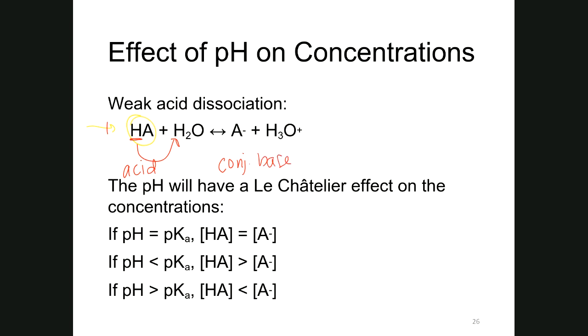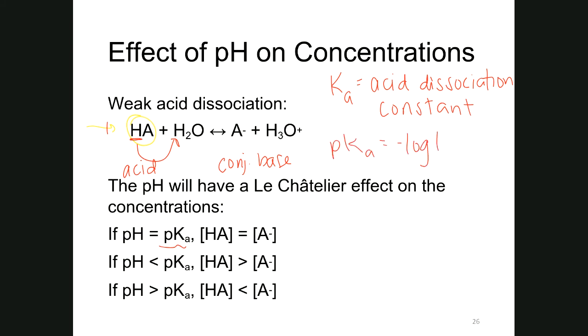In the case that we have a pH equal to a pKa, well, what is that? Remember, Ka is our acid dissociation constant, and pKa then means it is the negative log of Ka.